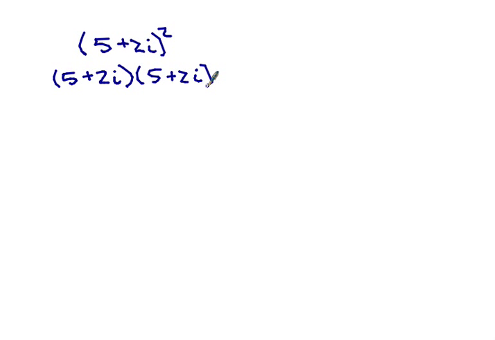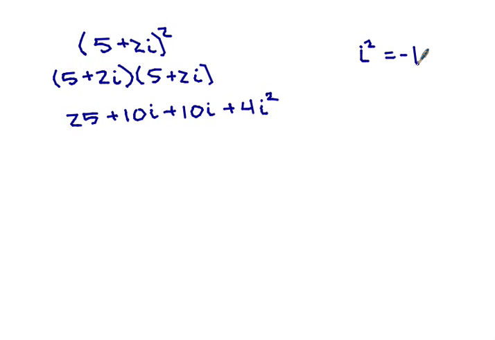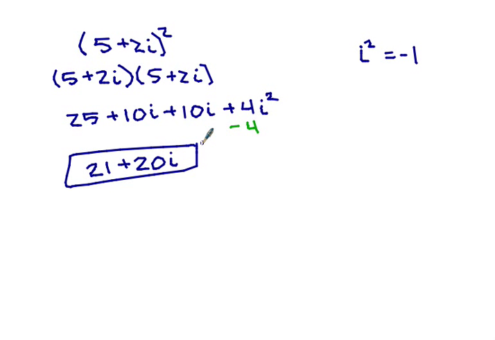So in this case, you'd end up with 25 plus 10i plus 10 more i plus 4i squared. I squared is -1. Okay, so to fully simplify this, make sure you substitute that back in. This is essentially -4 now if we plug in -1 for i. And so you end up with 21 plus 20i. That would be in standard form, fully reduced.